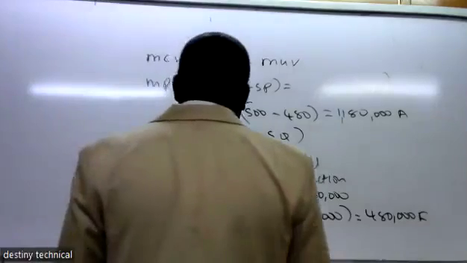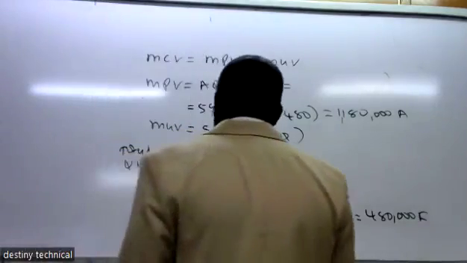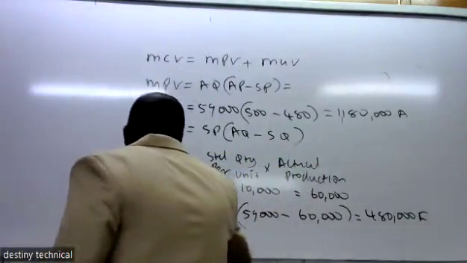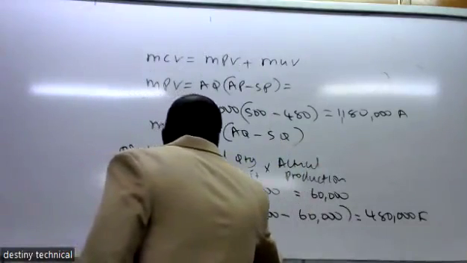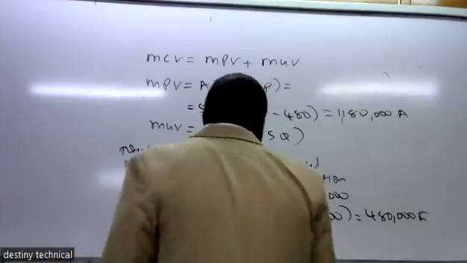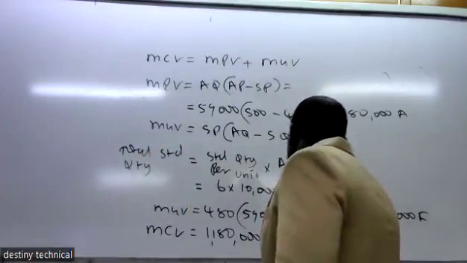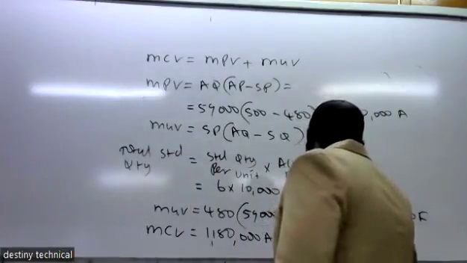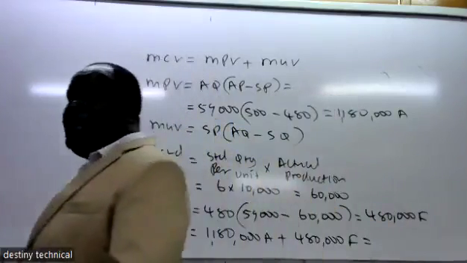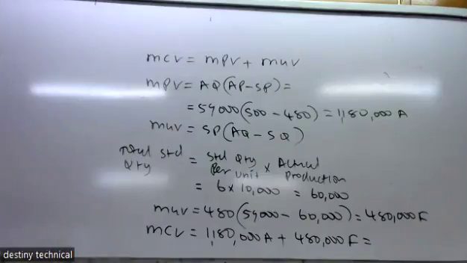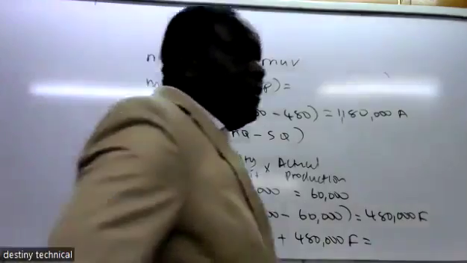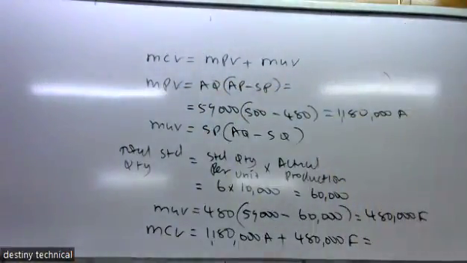The material cost variance is the material price variance, which is 1,180,000 adverse, plus 480,000 favorable. So you net them, and the final figure is adverse because the adverse is more. 700,000 adverse.